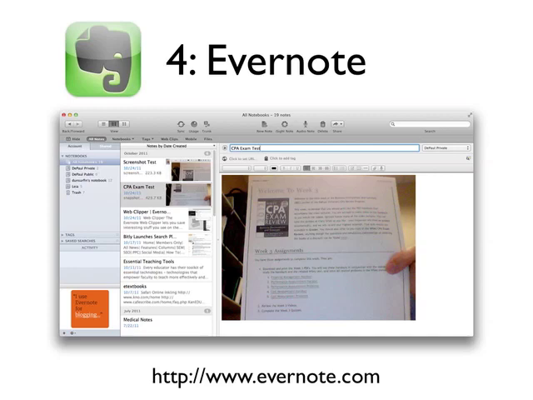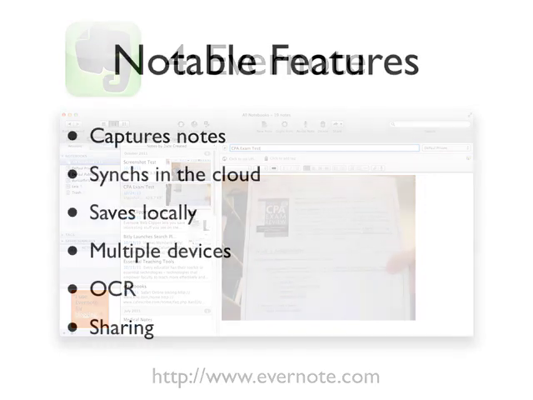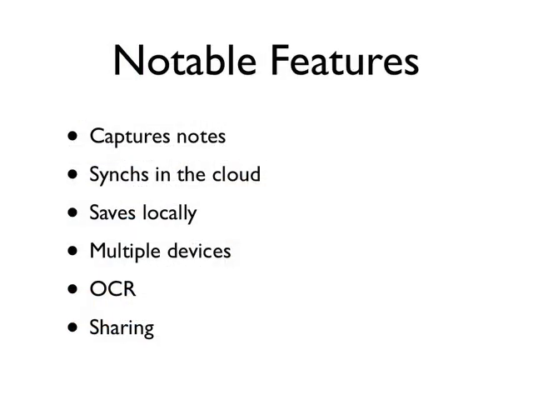Next tool is Evernote, which can be downloaded from evernote.com. Evernote is a cloud service, and again I could talk for quite some time about it, but here are the salient features. Evernote is a note-taking service that synchronizes in the cloud, but it also saves locally. So this means you can have multiple devices, cell phones, laptops, desktop machines, in which you capture your notes.